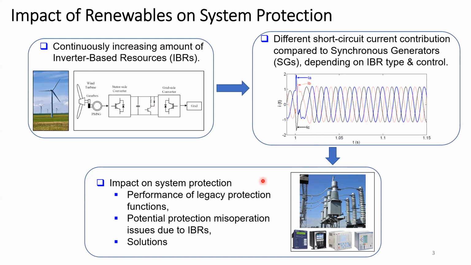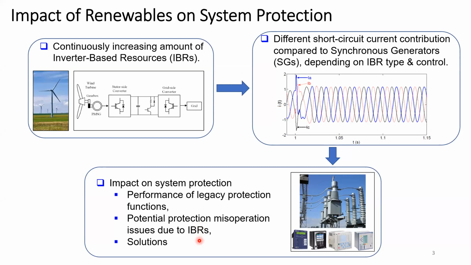Therefore, it is necessary to study the performance of the legacy protection functions under IBRs, identify potential protection misoperation issues due to IBRs, and furthermore, develop solutions and recommendations to ensure effective protection under high levels of IBRs.